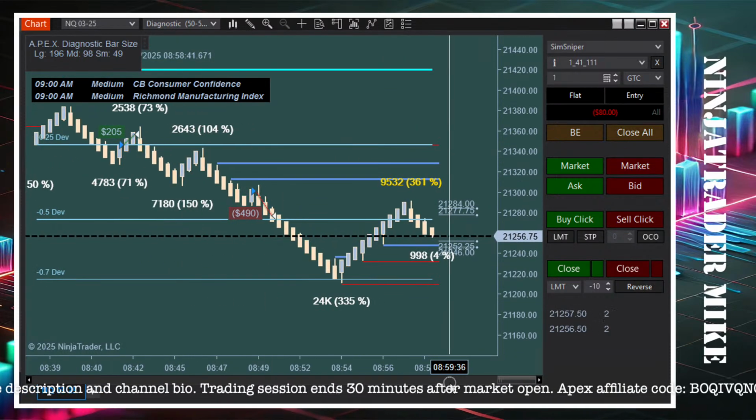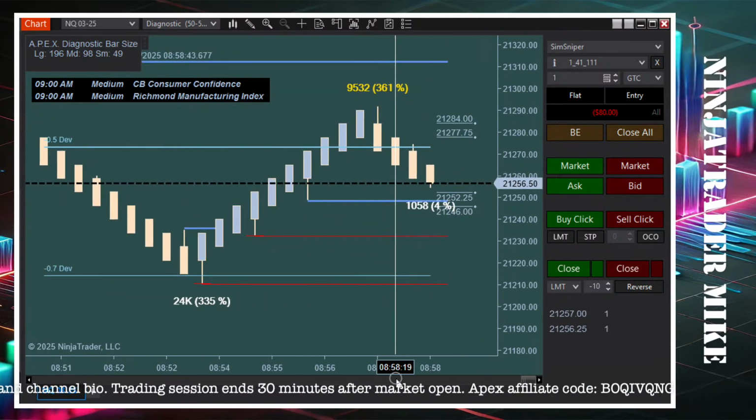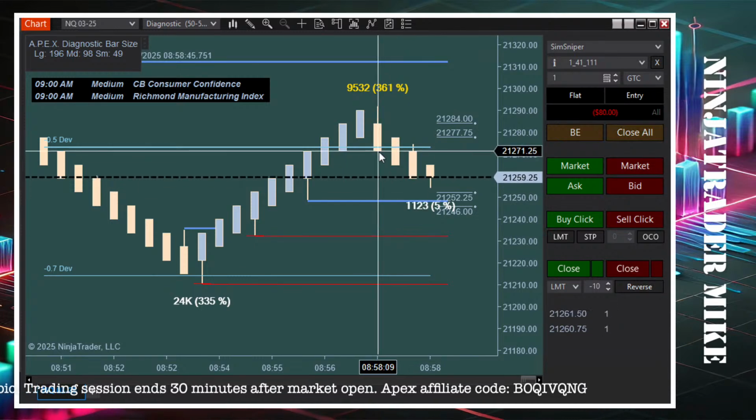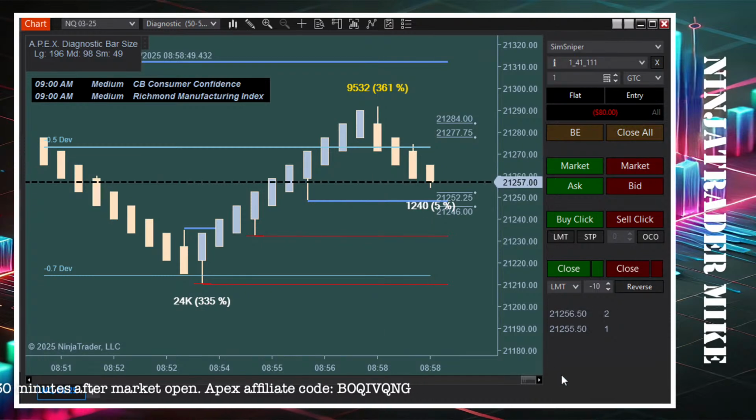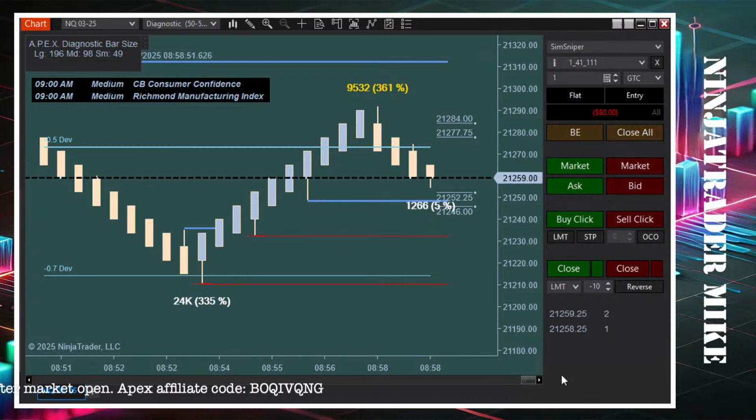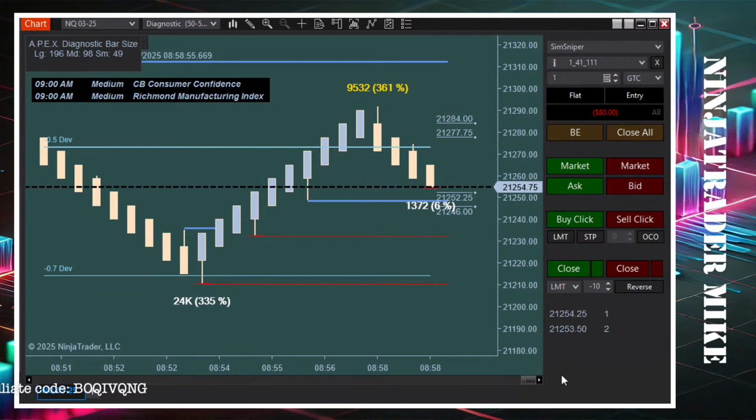That one did win. Valid trade setup. Just didn't meet our time criteria. Let's see it. Top of the hour, how fast this moves on this diagnostic chart.